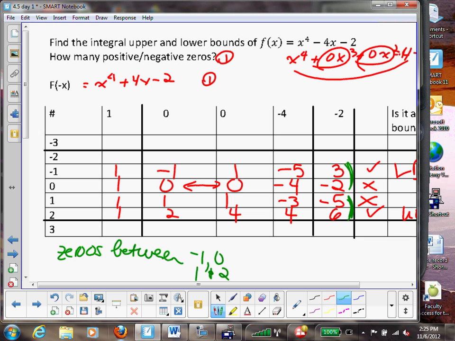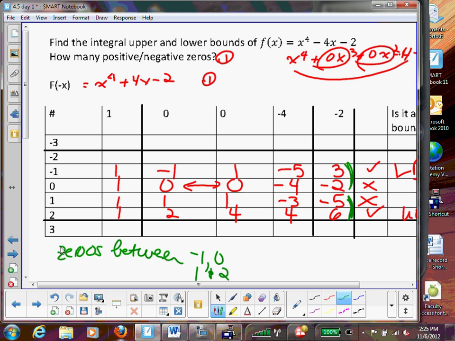So there's a couple things that I'm going to ask you again that's going to limit where your zeros are going to fall. I won't let you use your calculator to do this, but you can check it on your homework. But looking at your answers, what your answers are doing is going to indicate to us where our graph is crossing the x-axis. When we have a sign change, we know our graph is crossing.